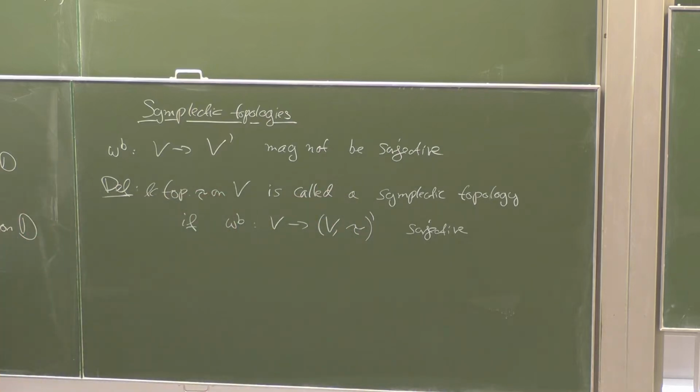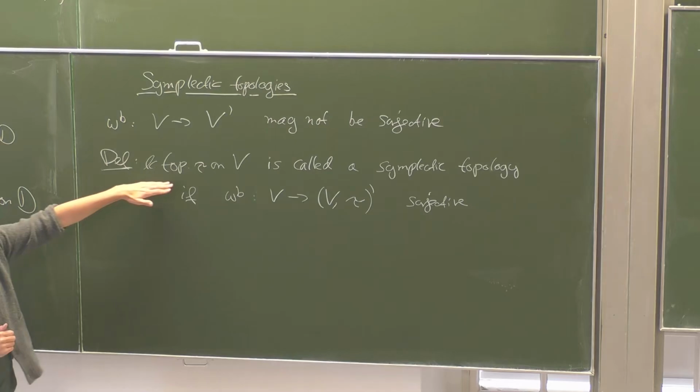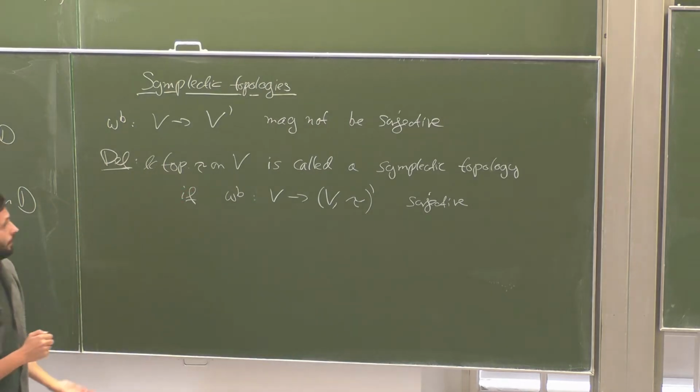So we kind of fix the problem that our form is not strongly degenerate by just changing the topology on V.